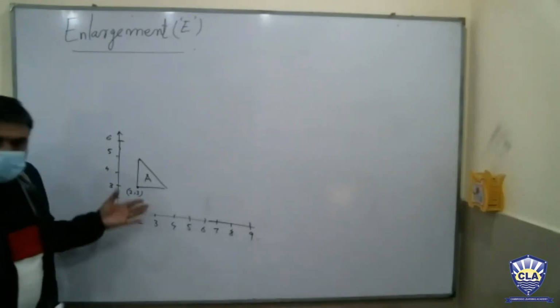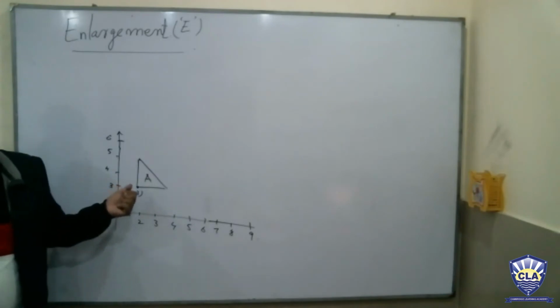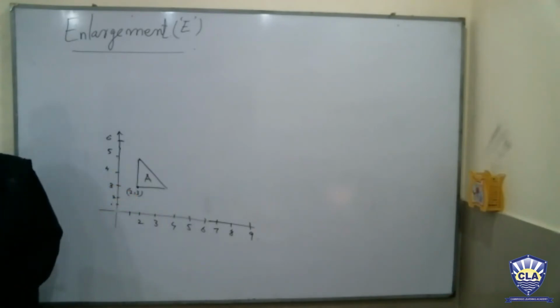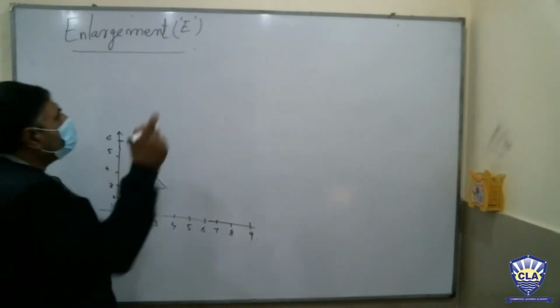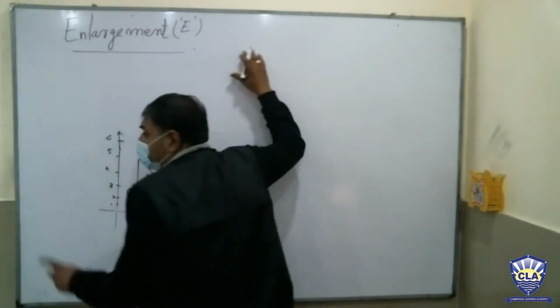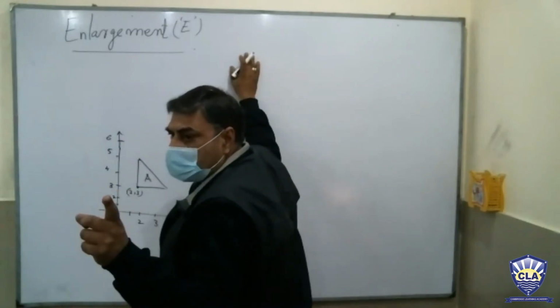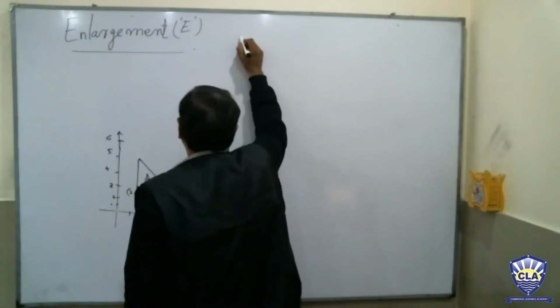If triangle A is given to you and he says please enlarge it, you ask, how many times do you want to enlarge? It is called the scale factor.